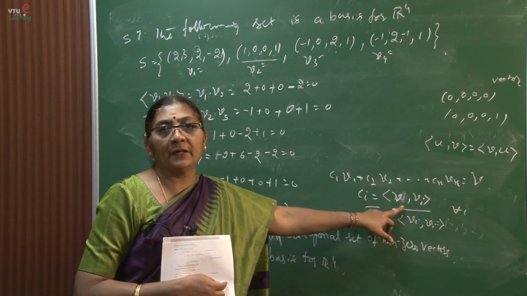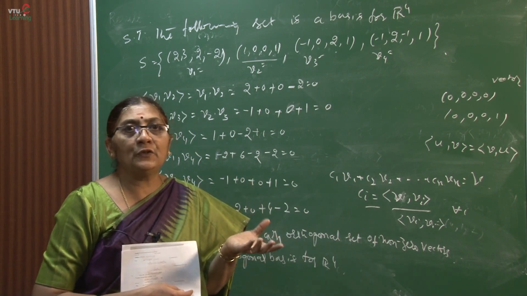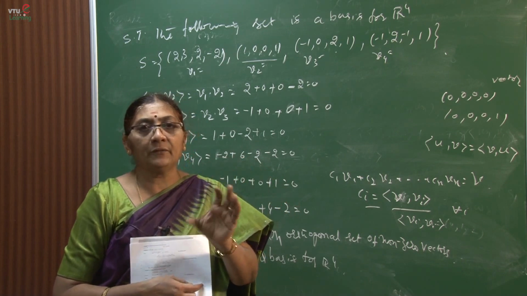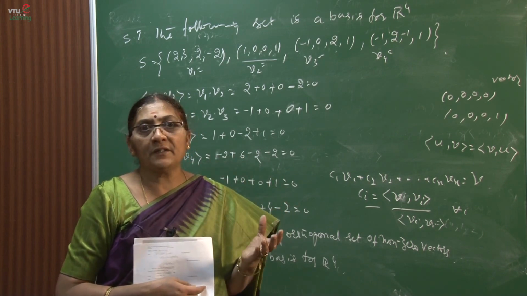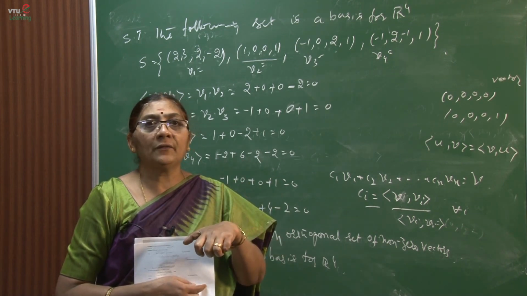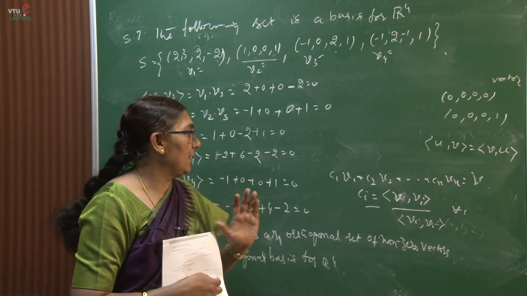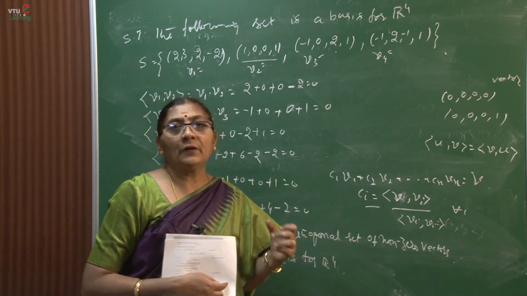In the first chapter, we found Ci values using a system of linear equations, converting into augmented matrix form, applying elementary row operations to get echelon form, and then finding C1, C2, C3, etc. That is one method. This is another method to find the values of Ci.